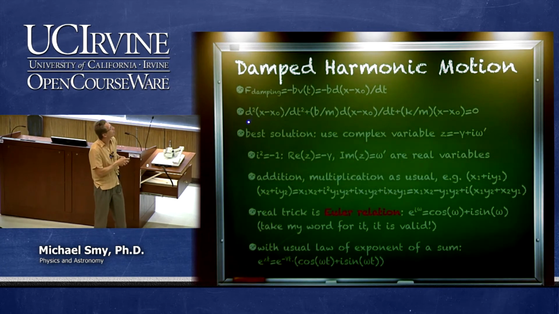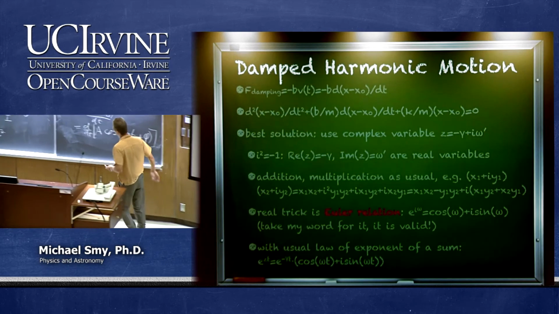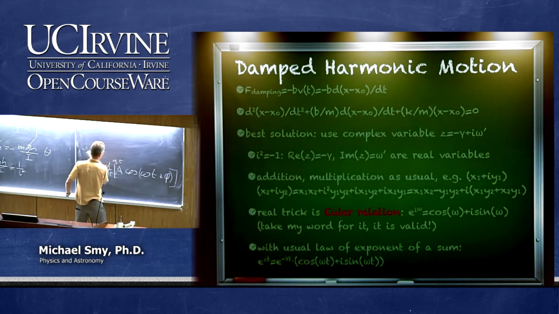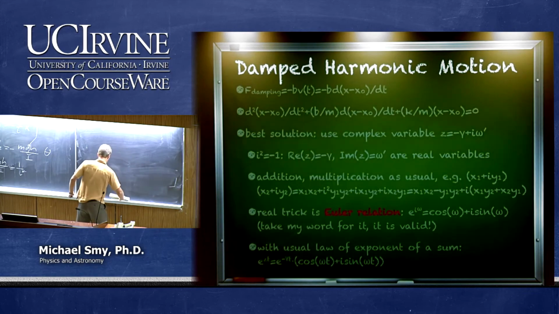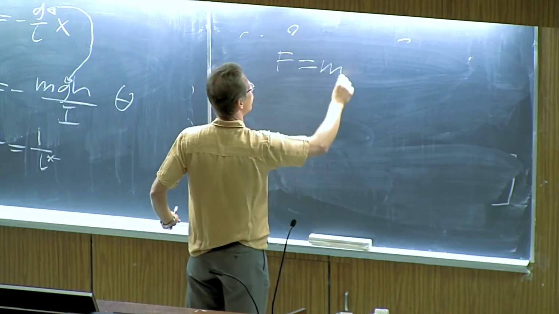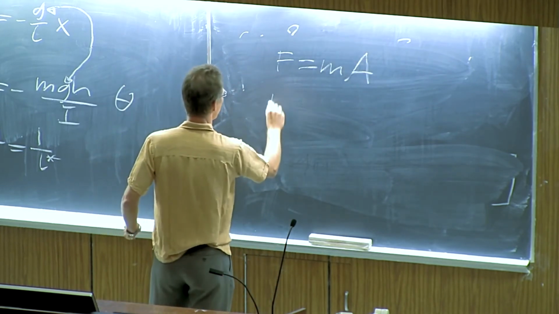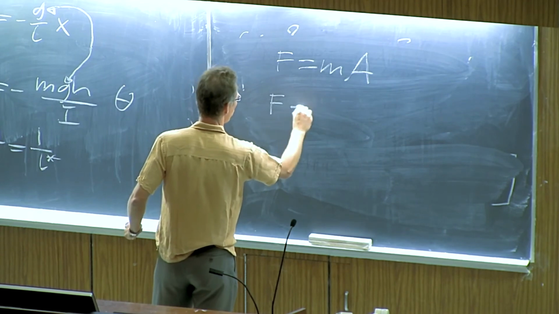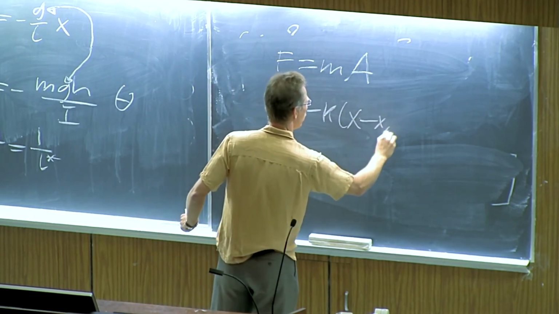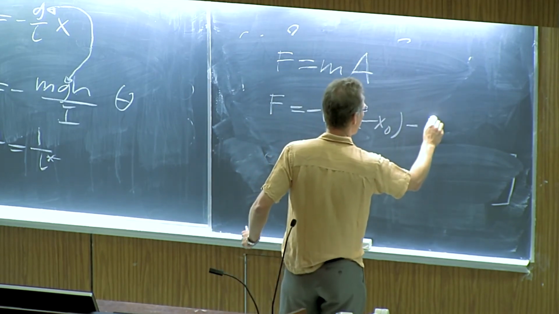And of course, the way you get this equation is F equals ma. So Newton's law still holds. The only difference is that now F is the restoring force plus the damping force.